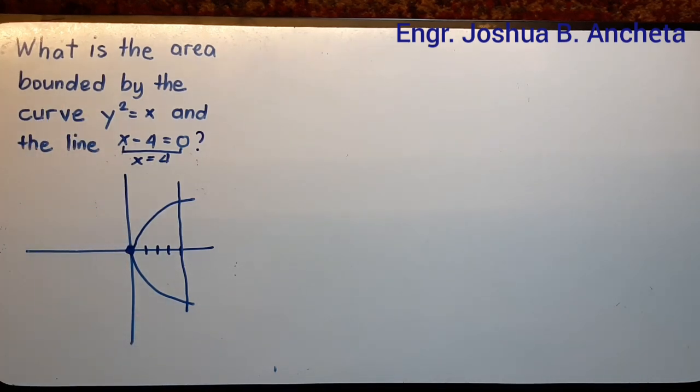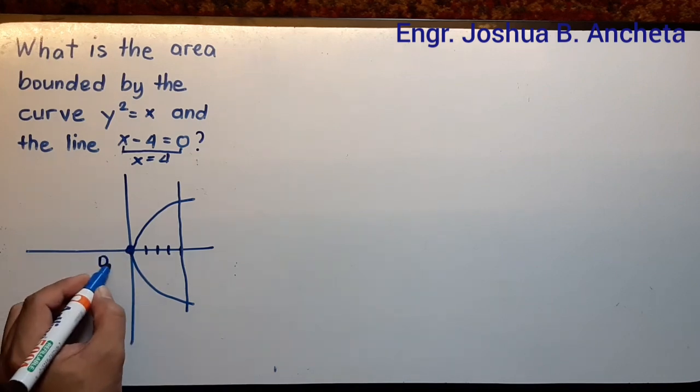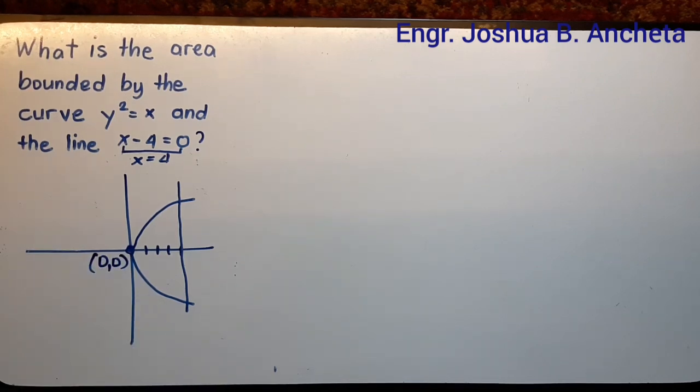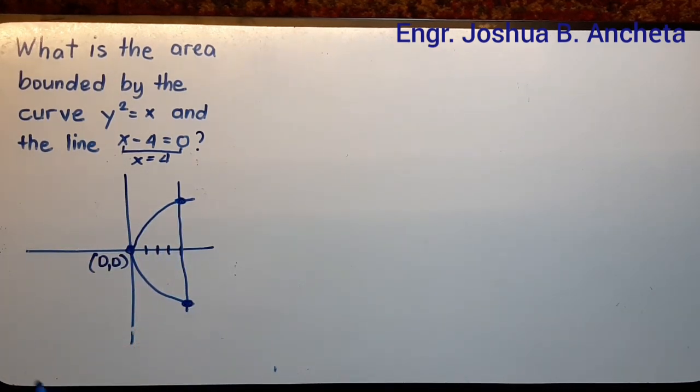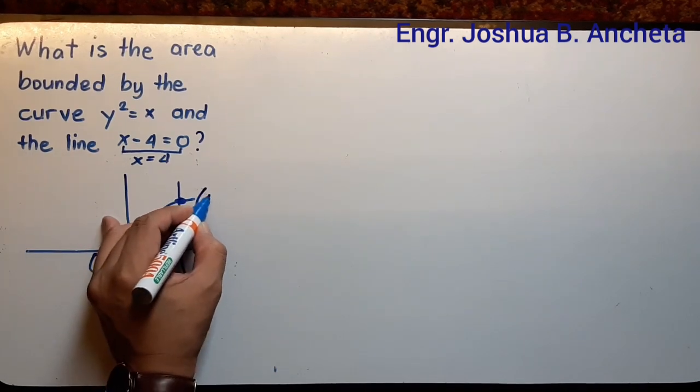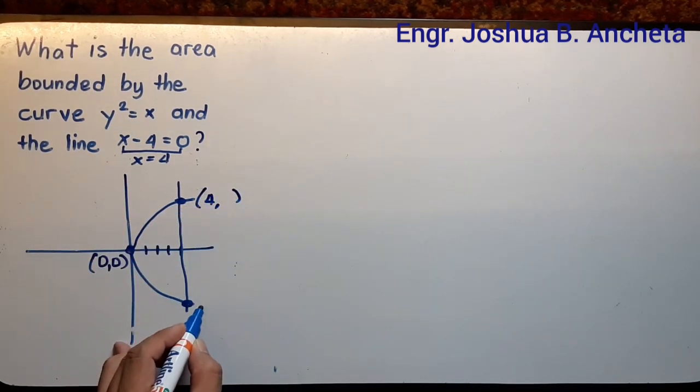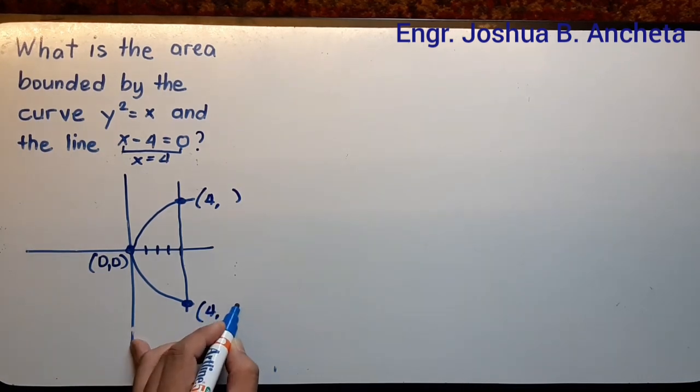Now let us indicate the intersections. This is at 0, 0. This point and this point have the same x coordinate, which is 4. This is also 4 for the x coordinate.